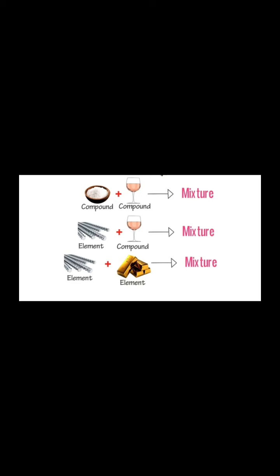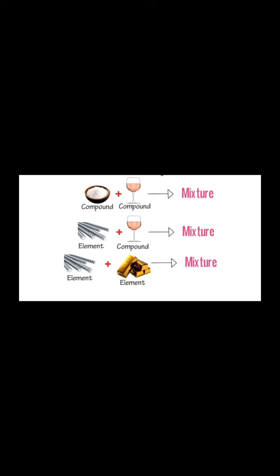Let's see some more examples for mixture. When water and salt combine together, we get a mixture. Here, salt is a compound and water is also a compound. And the second example is when you add iron foils into water, you will get a mixture.